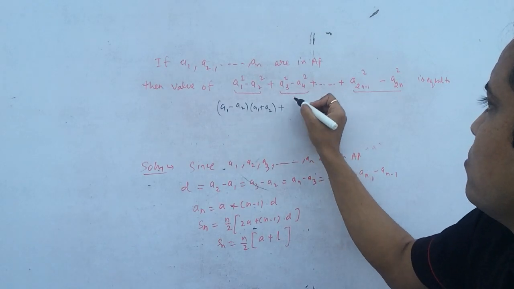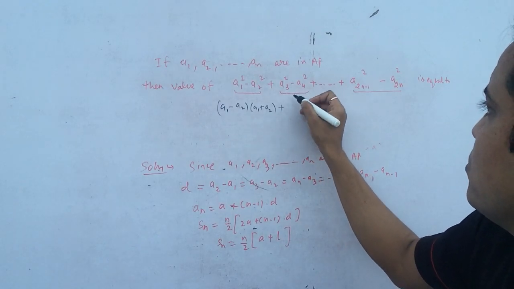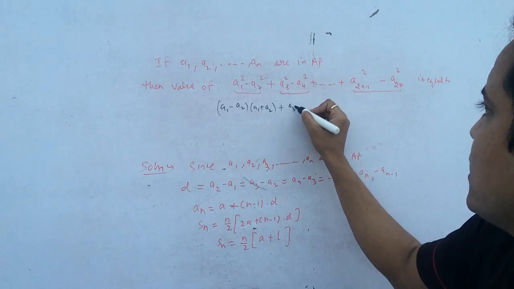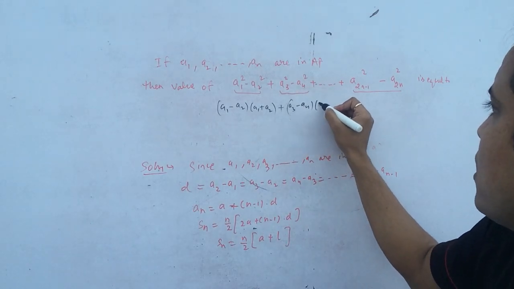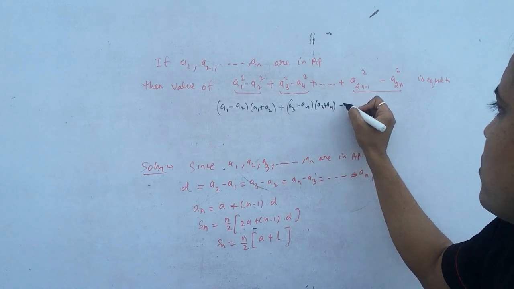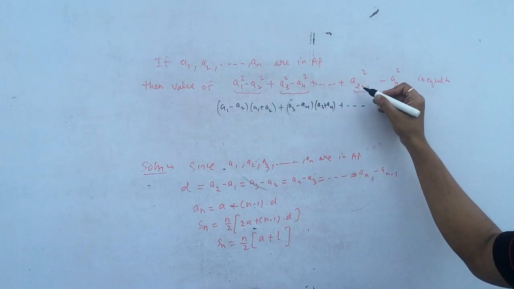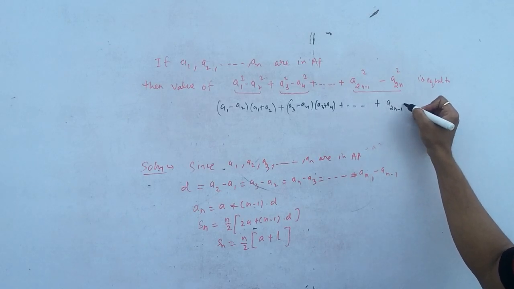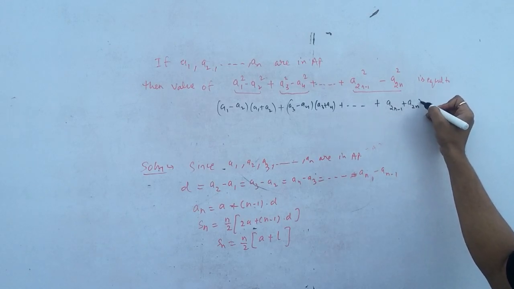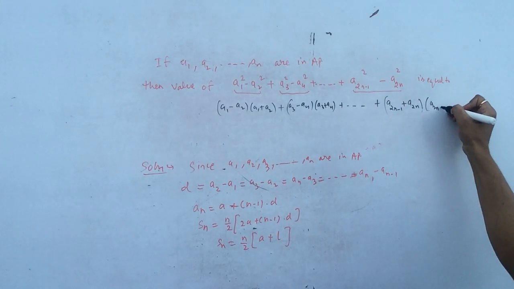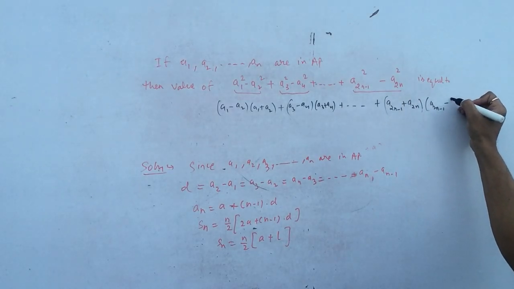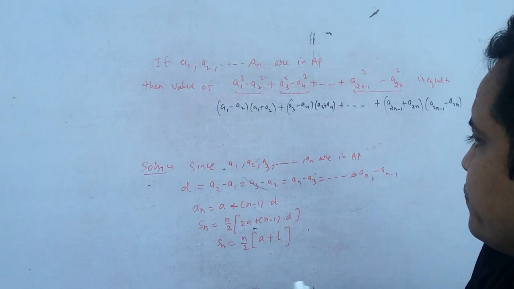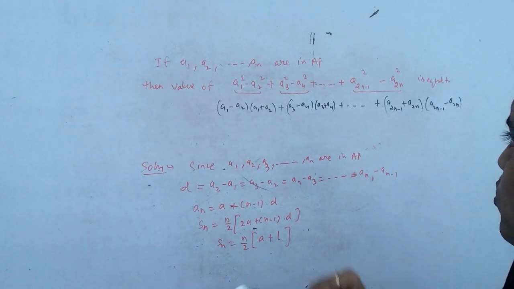Plus we can also apply the property A square minus B square: A3 minus A4 into A3 plus A4. We can also apply here A2n minus 1 minus A2n into A2n minus 1 plus A2n, like this.